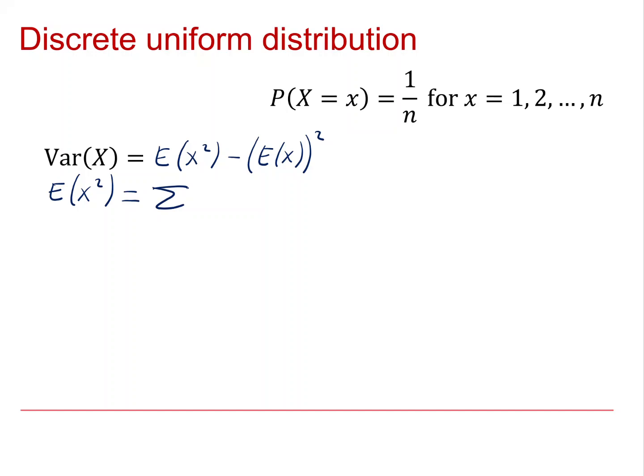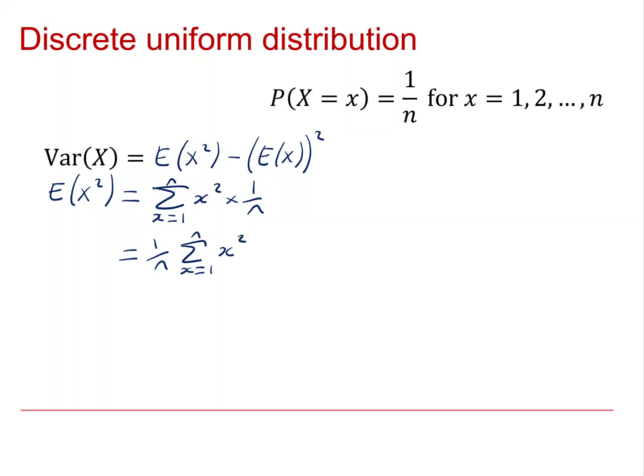Well, that is going to be similarly the sum from x equals 1 up to n of x squared times 1 over n. Again, that 1 over n is independent of the value of x. So it's 1 over n times the sum of x equals 1 up to n of x squared.